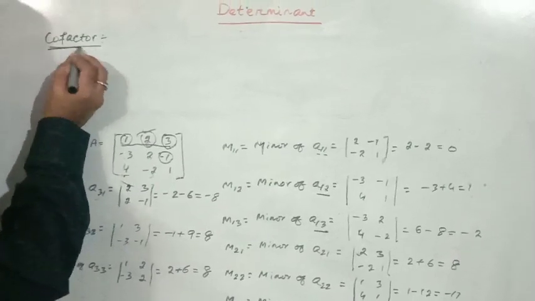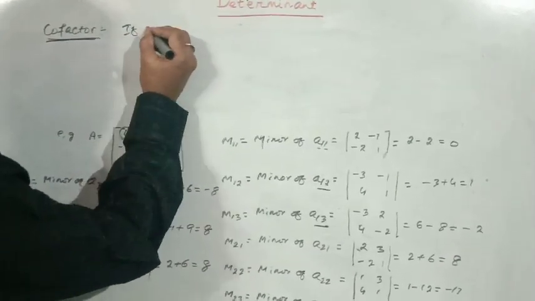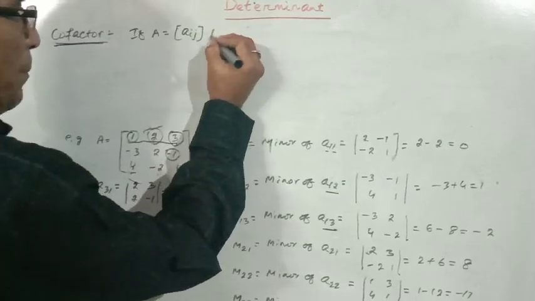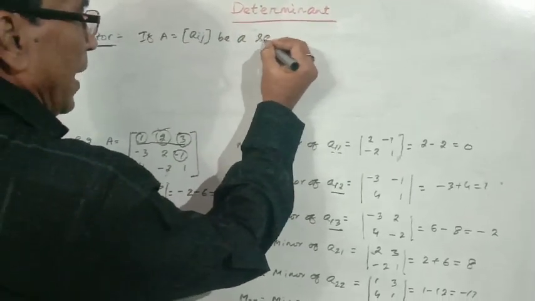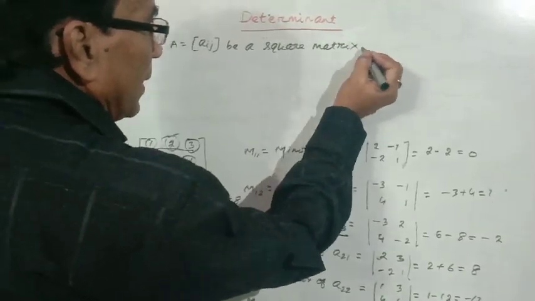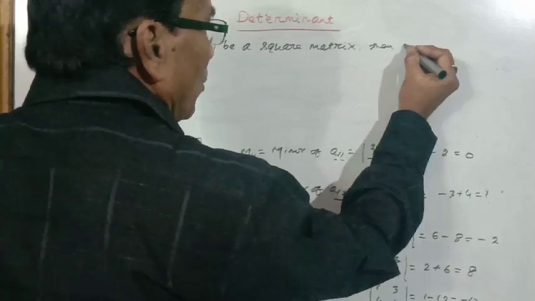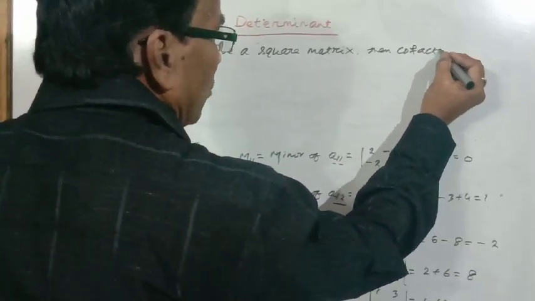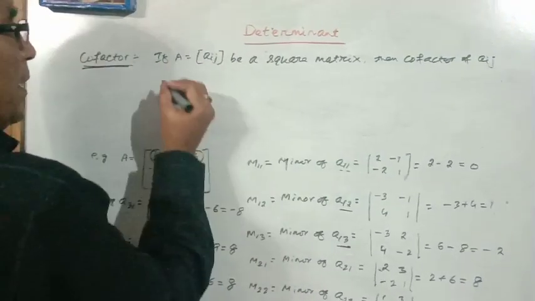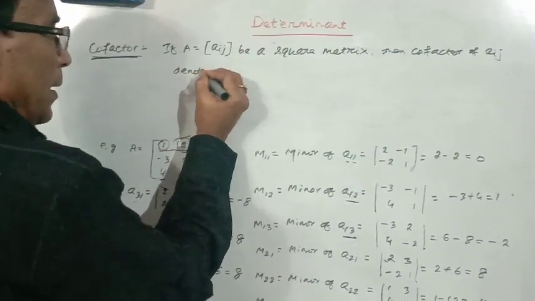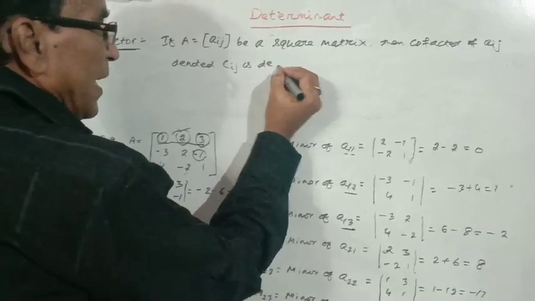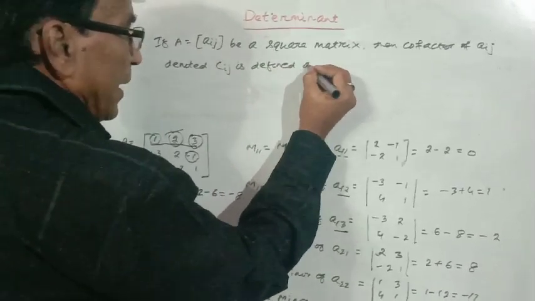Next we will consider what is cofactor. Here you see that if A is equal to matrix Aij, be a square matrix, then the cofactor of element Aij, denoted by Cij, is defined as follows.